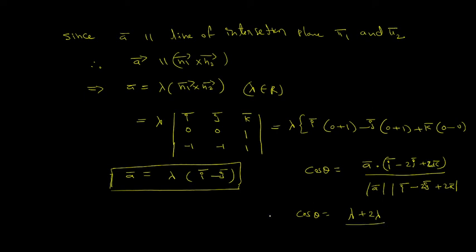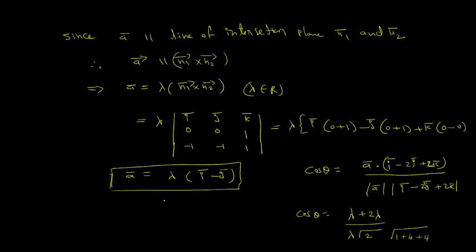Divided by modulus of a bar, meaning lambda into square root of 1 square plus minus 1 square, this is root 2. Now next, this one is square root of 1 plus 4 plus 1, therefore root 9, this is 3.